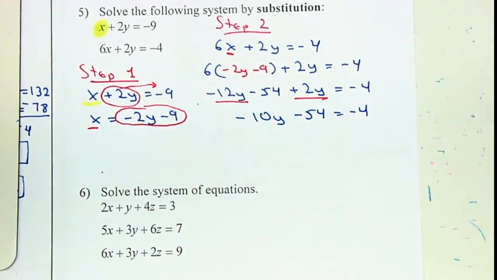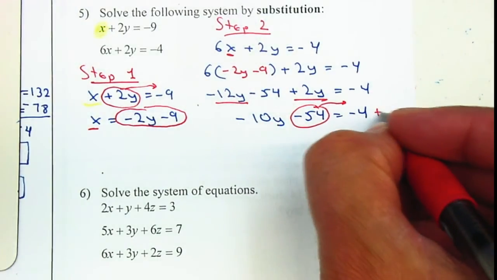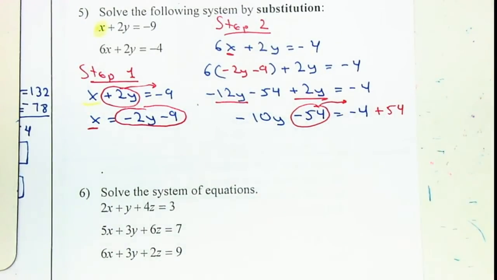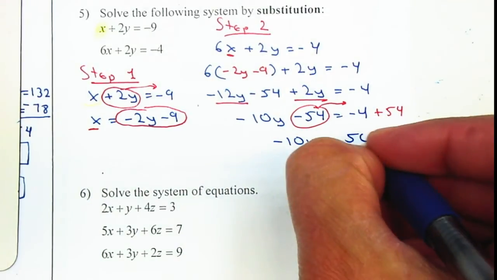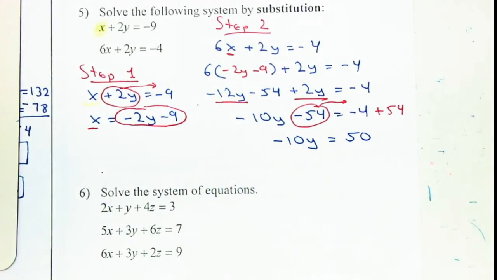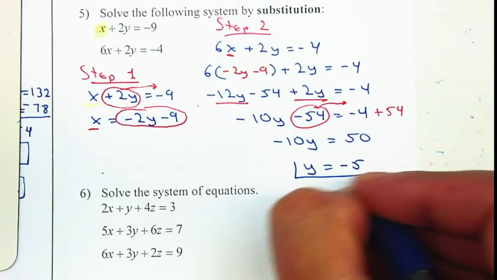Now I can move my 54 to the right, and it becomes positive 54. -10y is equal to 50. I'm going to divide by -10 on both sides, so y is equal to -5.